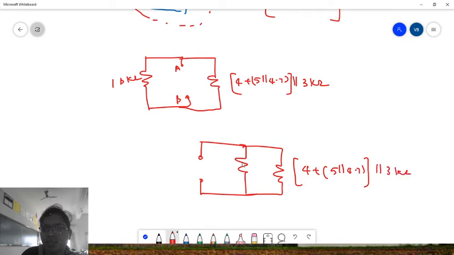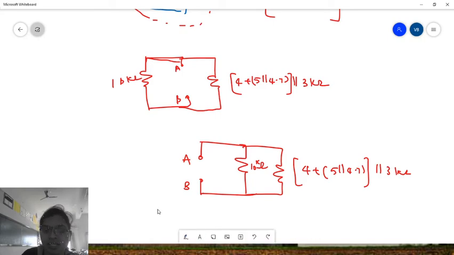Shall I draw like this? Yes. Why? Because this 10 kilo ohm end and this resistor end are connected here, and the 10 kilo ohm other end and this resistor other end are connected together, and these two are connected in parallel. So I can take the A and B terminals out. So these two are again parallel.